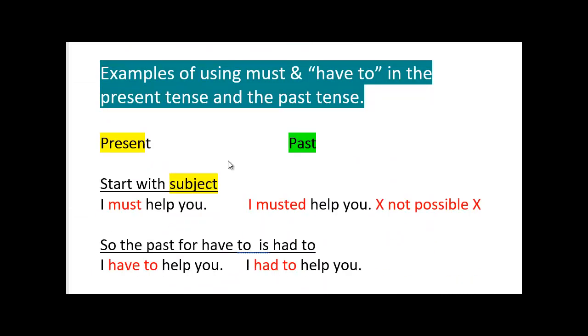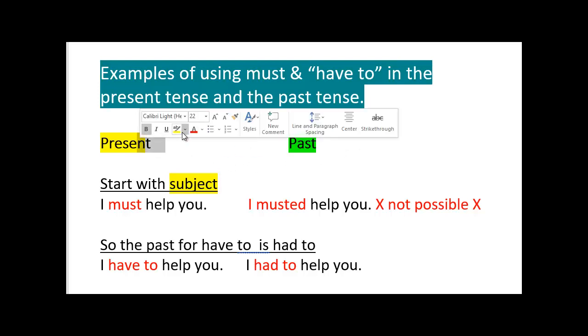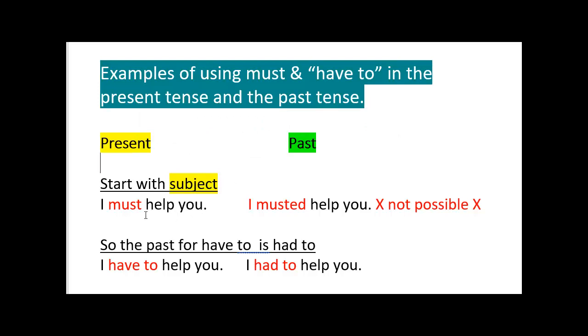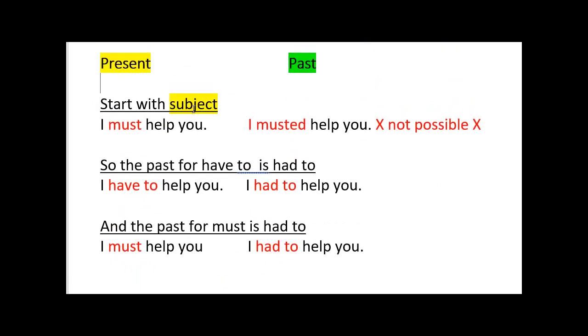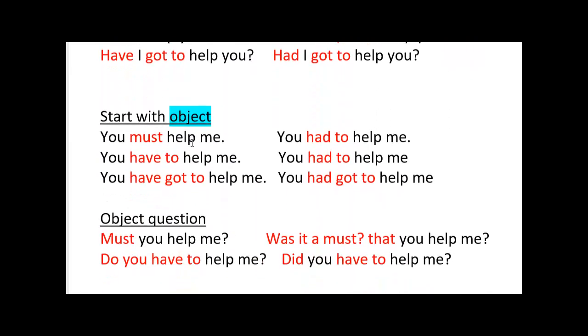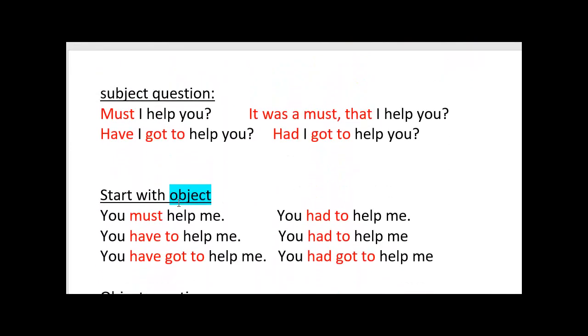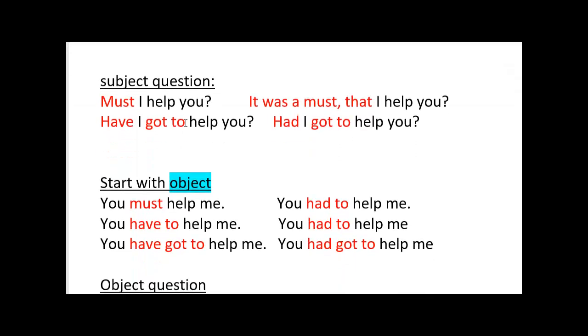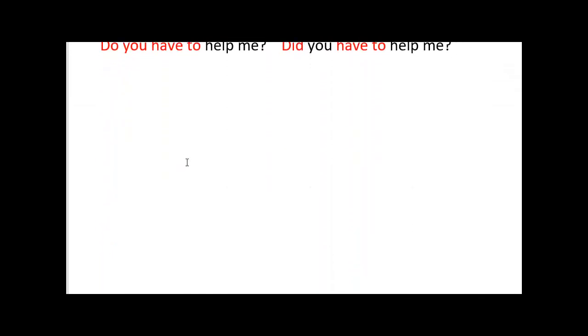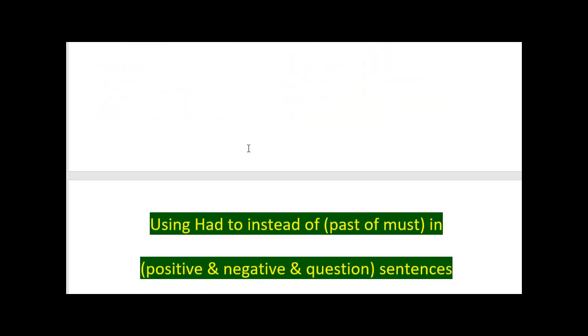And then we gave examples of the difference between must and have to, in the present and in the past, as you have seen here. All these examples started with a subject, and then here we have another one that started with an object, and we also talked about starting with a subject in a question form, and starting with an object also in a question form.